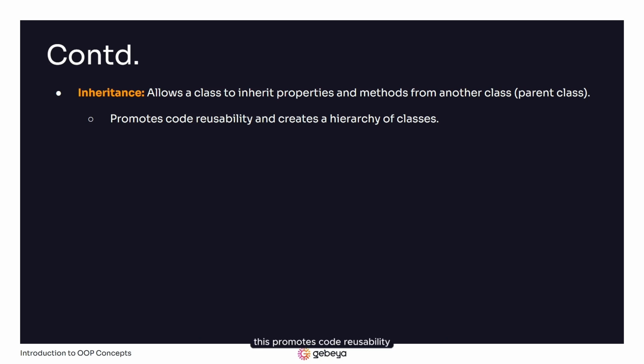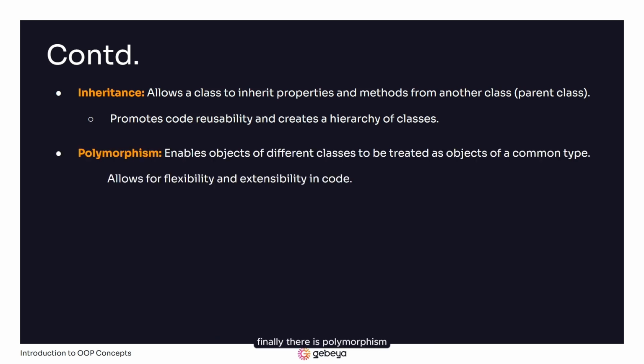This promotes code reusability and creates a hierarchy of classes, making your code cleaner and more organized. Finally, there is polymorphism, which allows objects of different classes to be treated as objects of a common type, giving you flexibility and extensibility in your code.